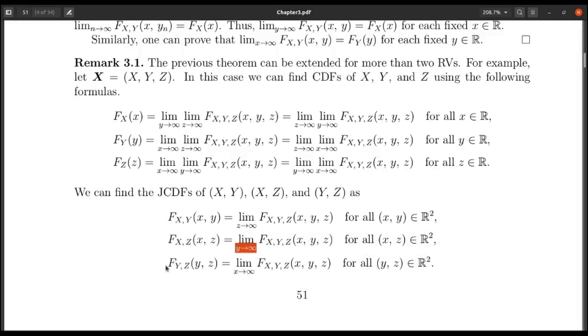So, if I have to find the joint cumulative distribution function of a subset, then for the rest of the random variables, I have to take the corresponding components to infinity. Okay, hope this is okay with everyone. You will be able to find the cumulative distribution function of a random variable given the joint cumulative distribution function of a random vector.